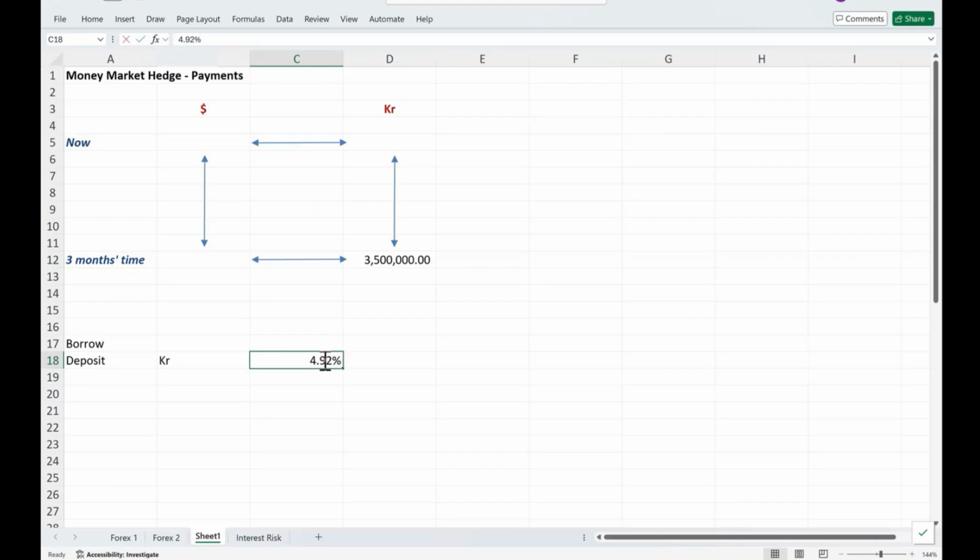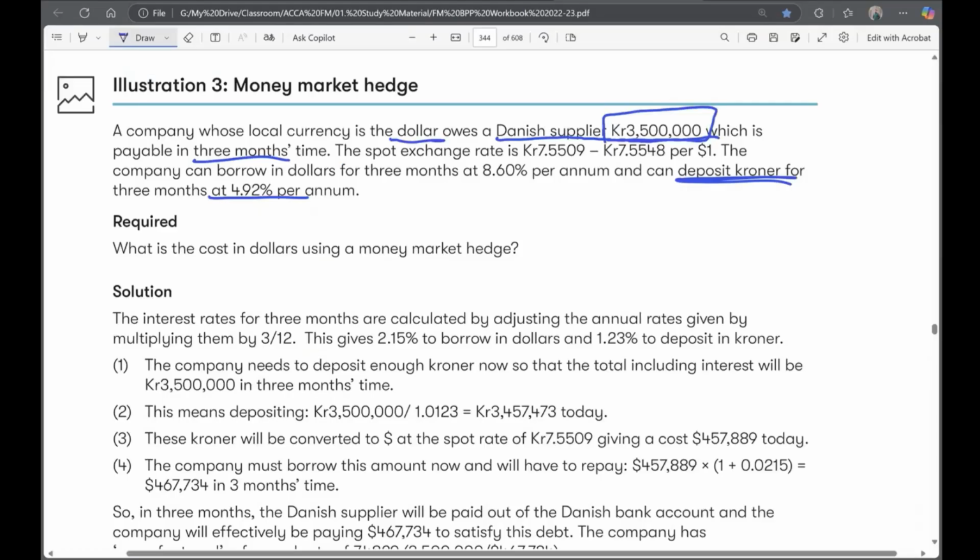This is the annual rate, not a monthly rate. So to convert it into 3 months, I will multiply by 3 divided by 12, because this is the annual rate. That gives 1.23%. That is the deposit rate I have for kroner.